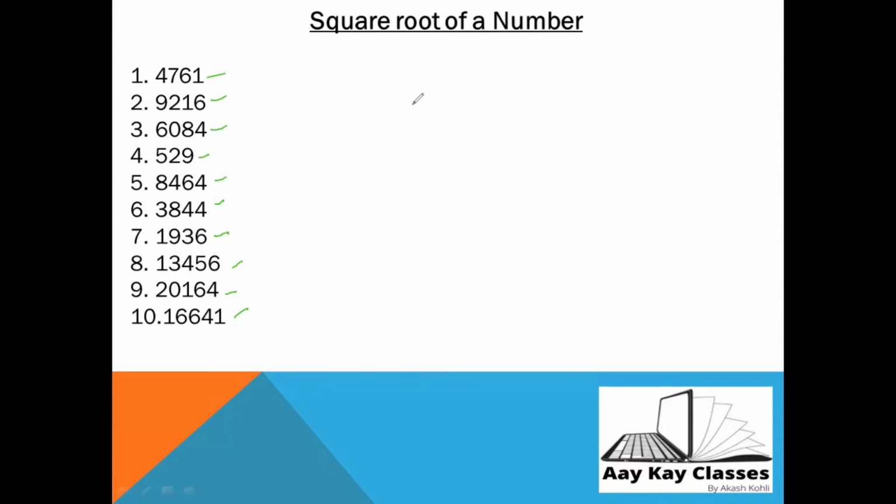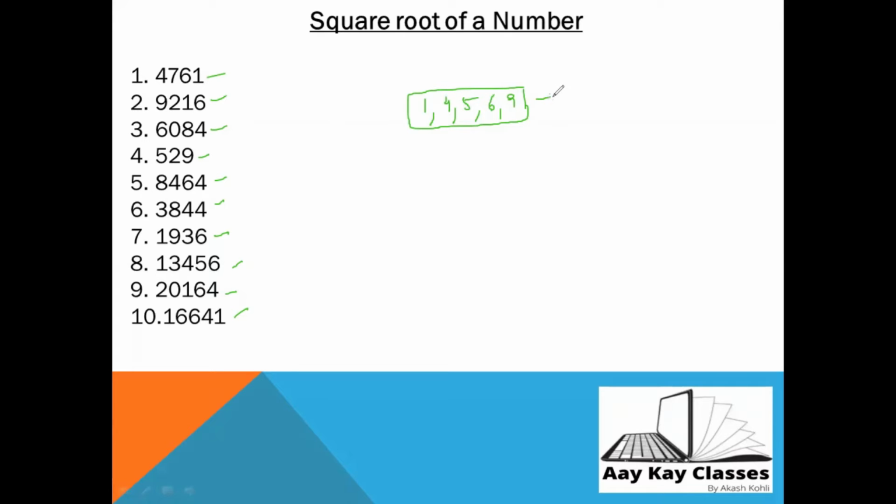Because the numbers ending with 1, 4, 5, 6 or 9, we can find the exact square root of only those numbers.